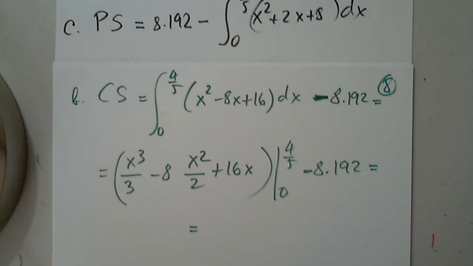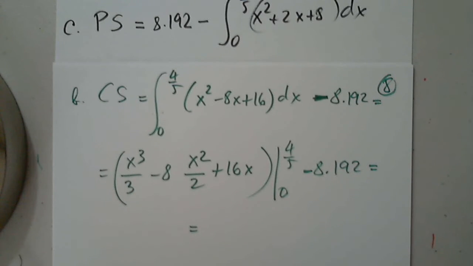Don't forget at the end, minus 8.192. The other one will be 8.192 minus math 9 from 0 to 0.8, from the other function, where is it?